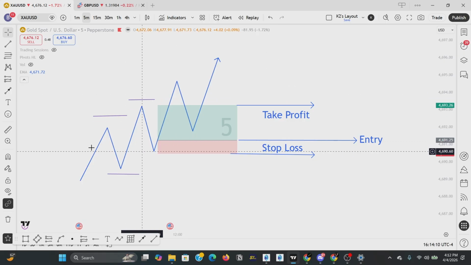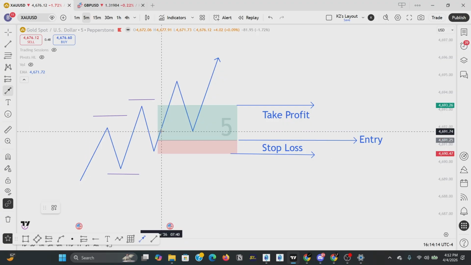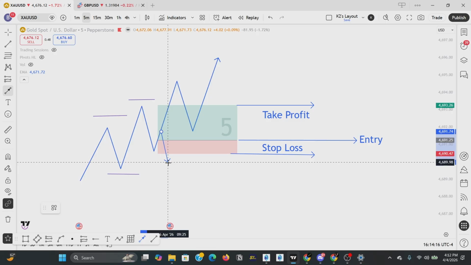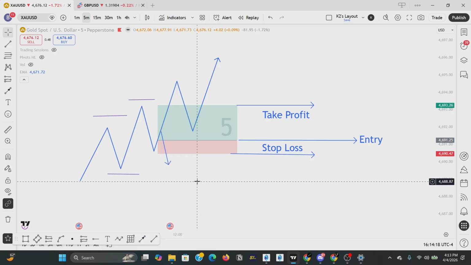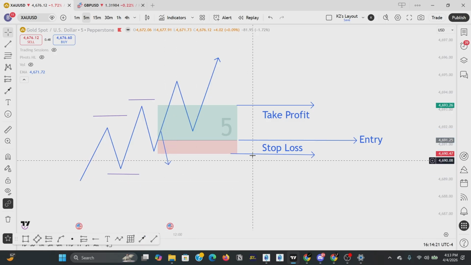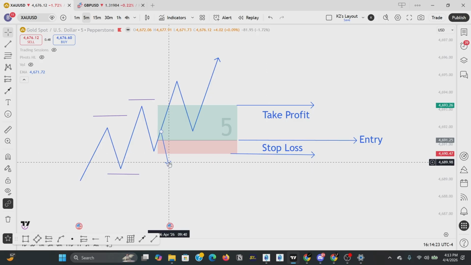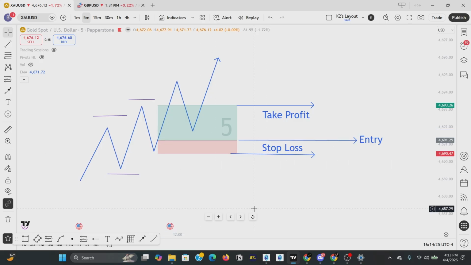If price goes down at any point and breaks the bottom of the red, then boom, I lost my trade. It hit my stop loss, right? Now, when you're trading with a broker or with a funded account, which I don't recommend funded accounts, but to each his own.